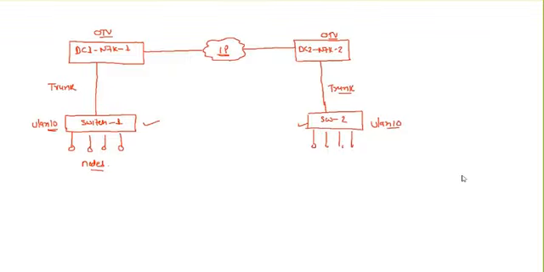So the IP transport could be anything. Could be MPLS or it could be point-to-point, anything, right? Yes. Here I am using a point-to-point. Okay.